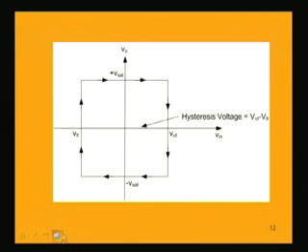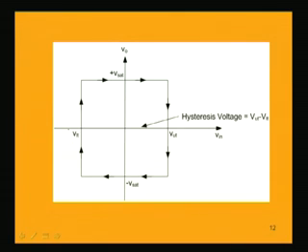When V in is less than V ut, we will get V saturation, and then if we have V in greater than V ut, the output voltage jumps from V saturation to minus V saturation, and it will continue to be at minus V saturation for this whole portion till V in is less than V LT.